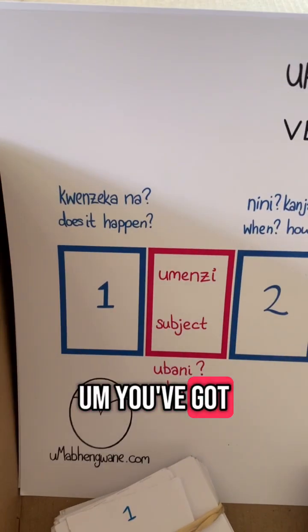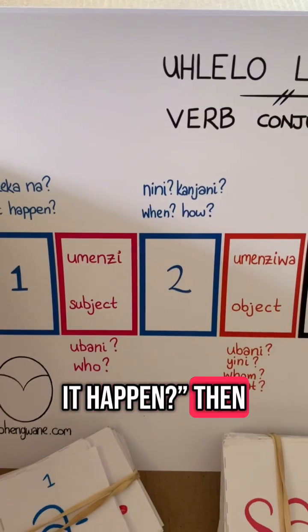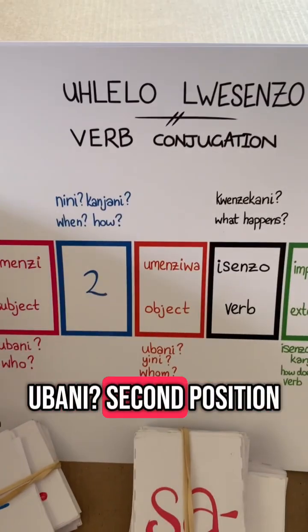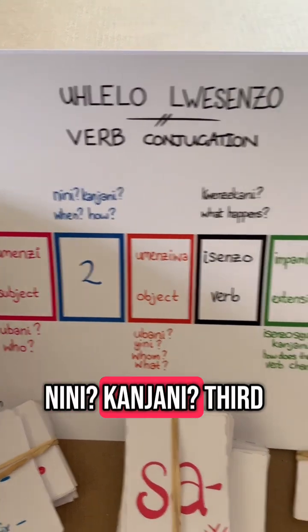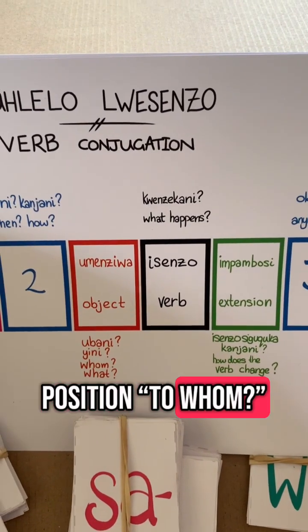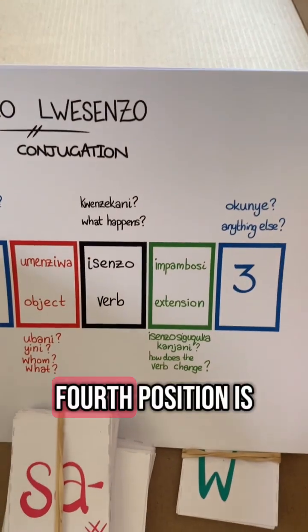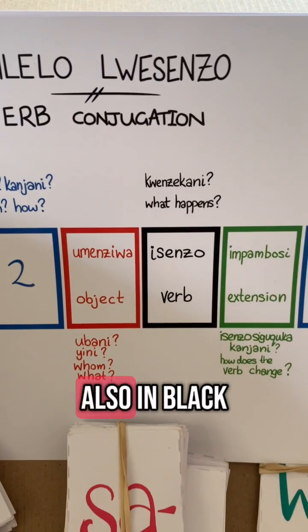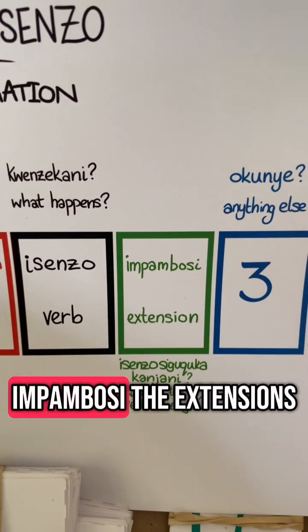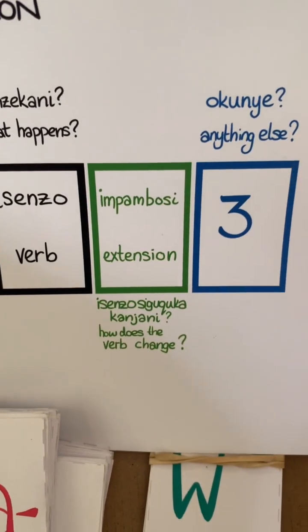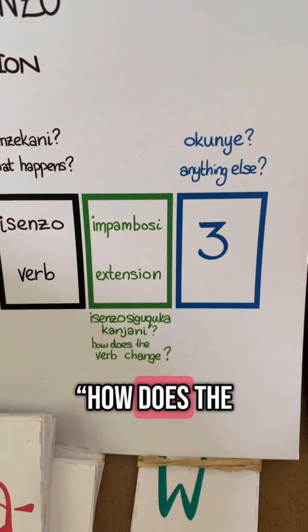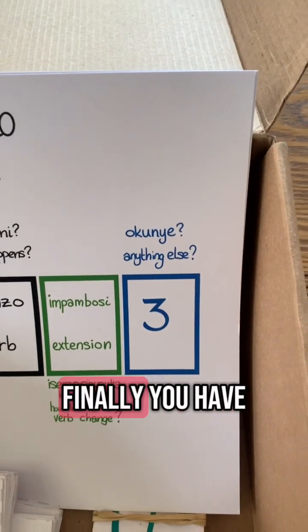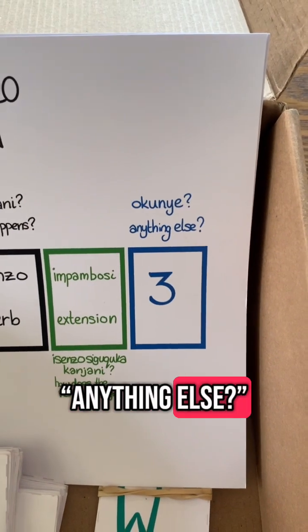You've got first position, does it happen? Then who does it? Ubani. Second position, nini, kanjani. Third position, to whom? To what? Fourth position is isenzo. Remember, they're in black. These ones are also in black. Then you've got imbambosi, the extensions. Isenzo, sikukoka kanjani. How does the verb change? And finally, you have ogunye, anything else.